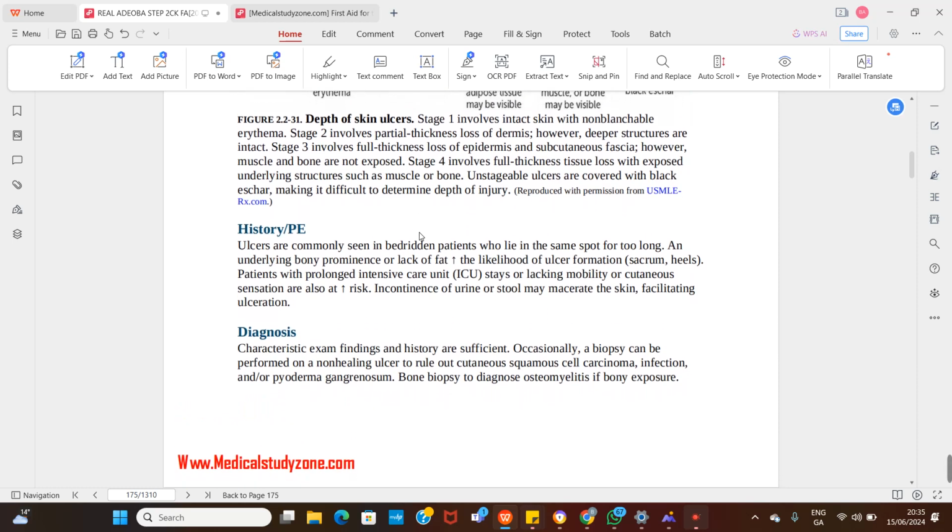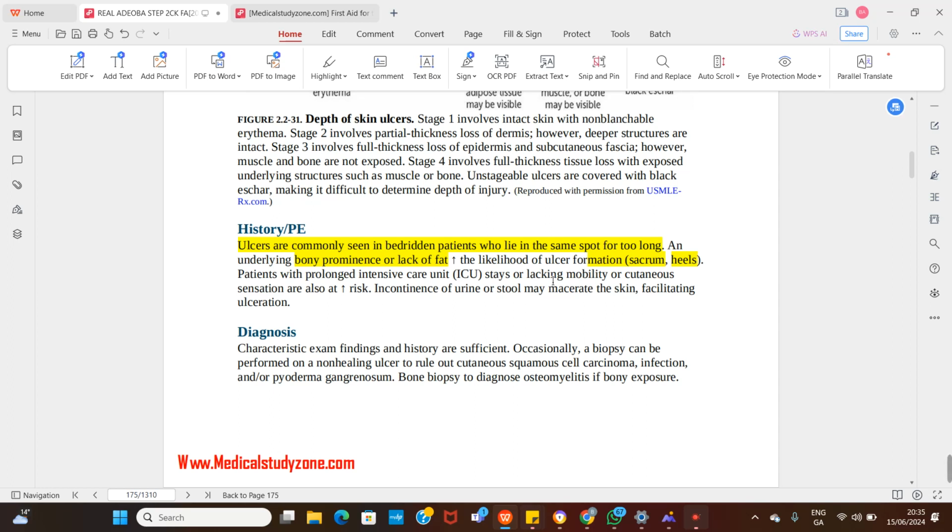So this is very common in people that are bedridden for a long time and they apply excessive pressure on that area, right? Or areas where you have limited fat. What are these pressure points? The sacrum at the back, the heels of the foot, the top of the first and the fifth metatarsals, right? The ischial tuberosity, right? Those are common pressure areas, even the occiput of the head.